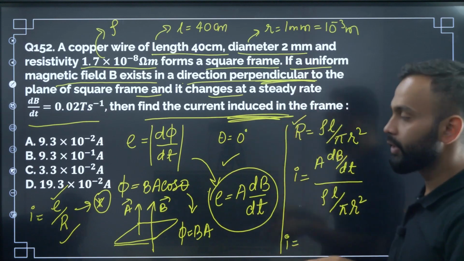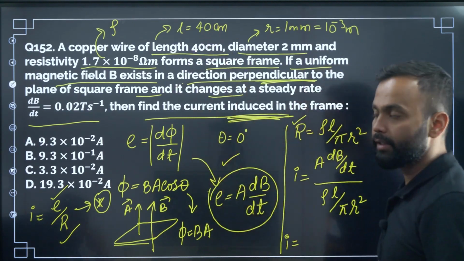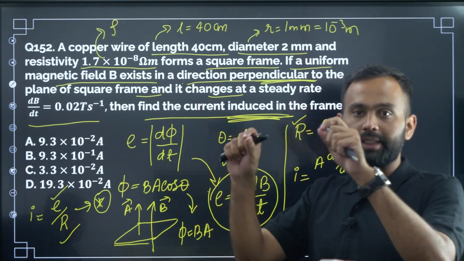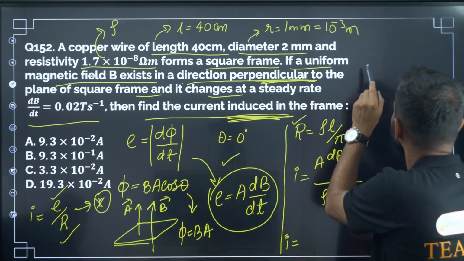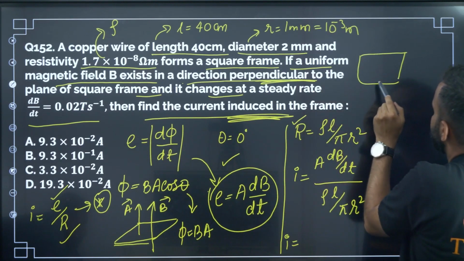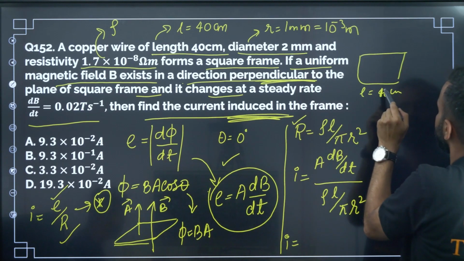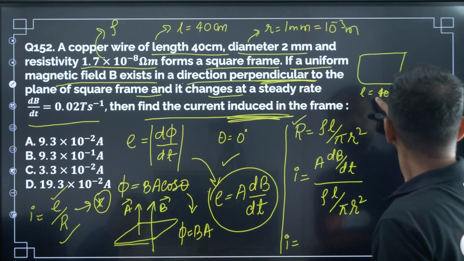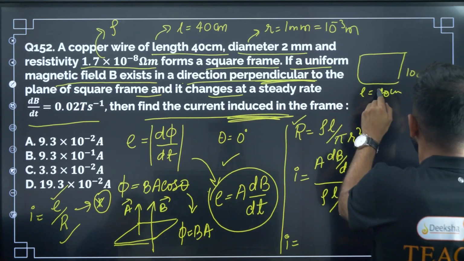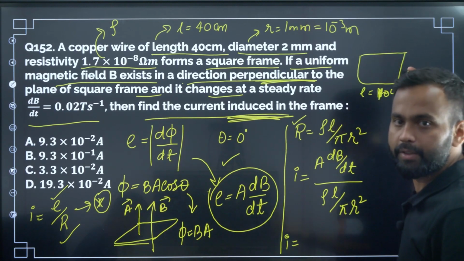A is the area of the square frame. Here the length of the wire is 40 centimeter, and from this wire they made a square frame. So each side of the square frame has length 10 centimeter. So the area of this square frame is 100 centimeter square.